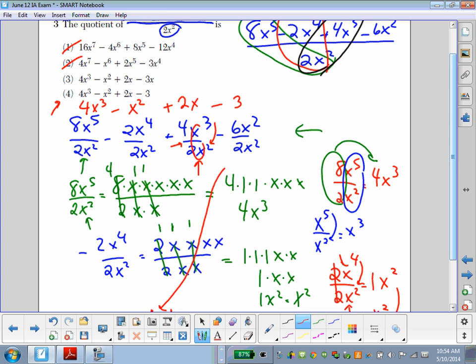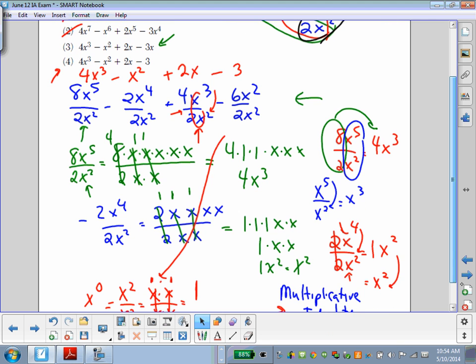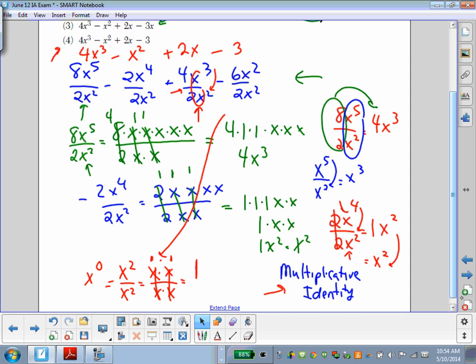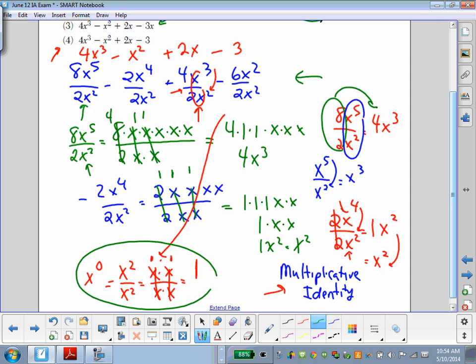And you can see people who designed this test clearly put in number 3 to test if you knew that x squared divided by x squared was 1, and not x. So again, for me, breaking it down into the long division sometimes helps me figure out the right answer.